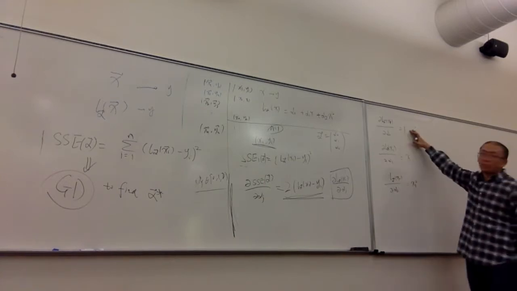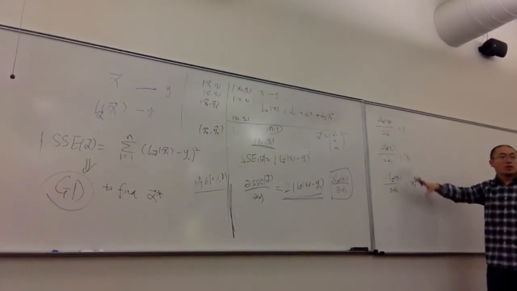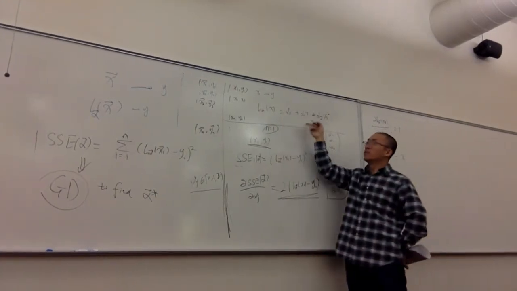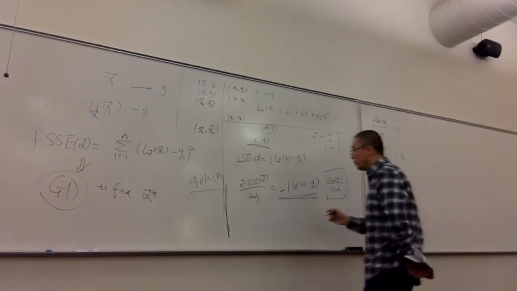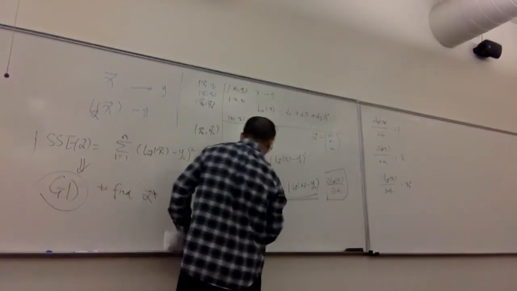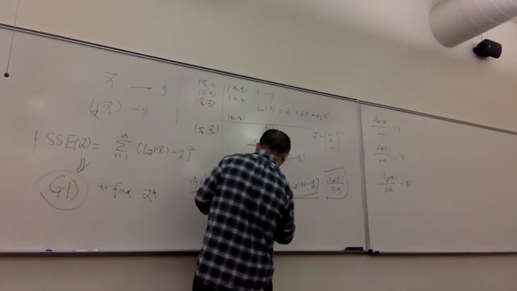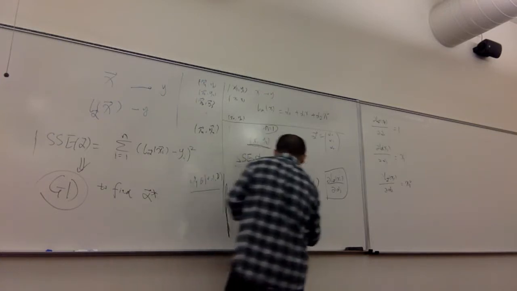So now, given the partial derivatives of our regression function with respect to all the parameters, we can directly obtain the gradient vector, which is what?